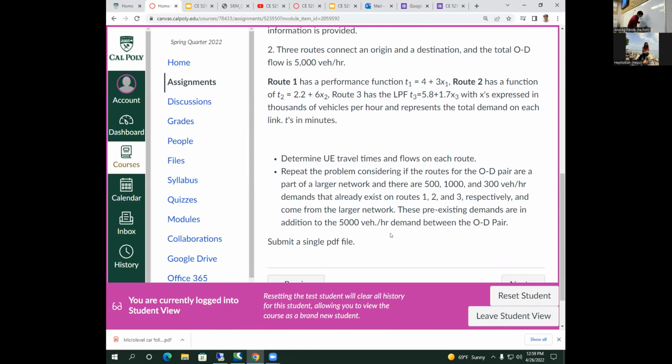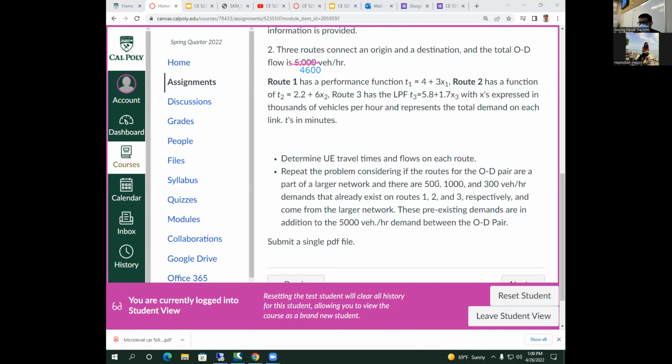So what I want to do now is solve this problem, and I'm going to annotate it here. Instead of this being 5,000, I want to change this number to 4,600, because the problem would be very similar to this. So 4,600 vehicles per hour.